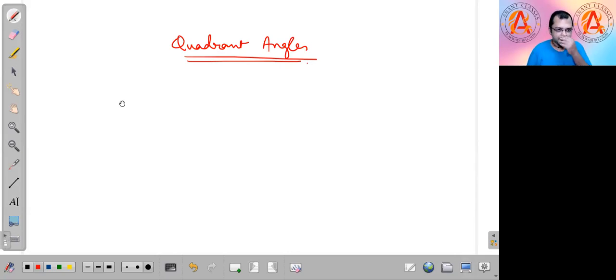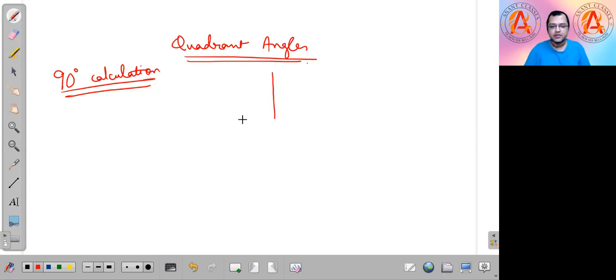So first thing is, let's see the calculation for 90-degree. See, let's say I have one right angle triangle where my sides are 3, 4 and 5.